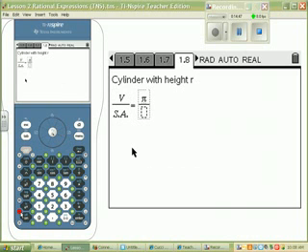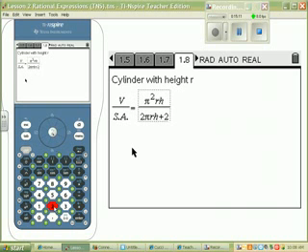So pi r squared h. Surface area formula? 2 pi r h plus 2 pi r squared.